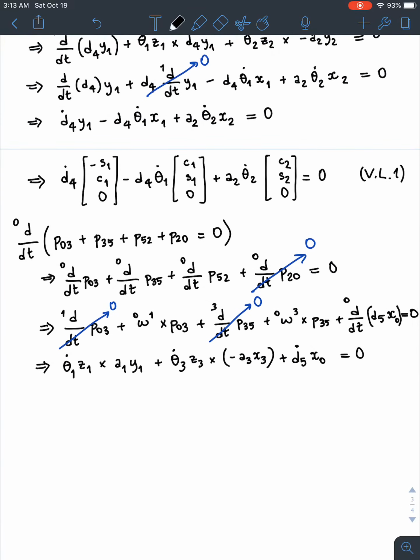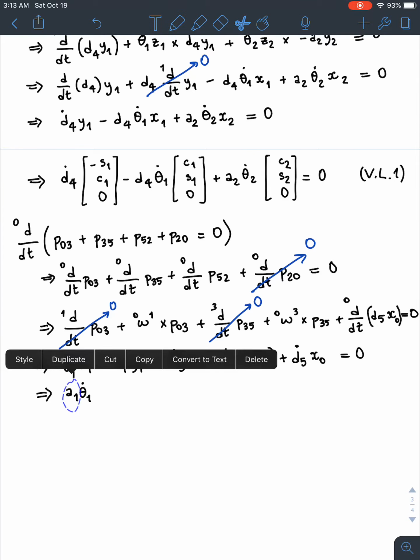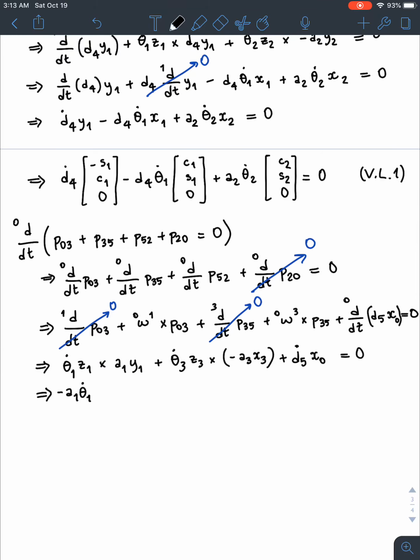So let's do the algebra here. This is going to be A1 theta 1 dot. As we said, scalars can come out. Z1 cross Y1 is going to be minus x1, right? So I have a negative x1 here. And the positive A3 times theta 3 dot x3 here. Again, I pulled the scalars out to the left, and then I did it wrong. This whole thing is wrong.